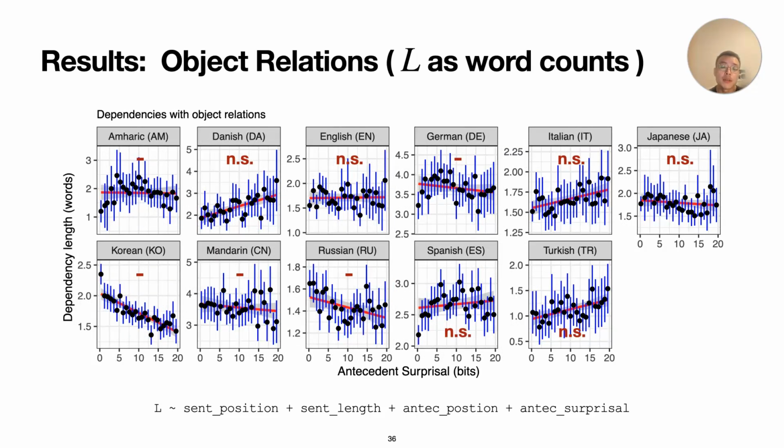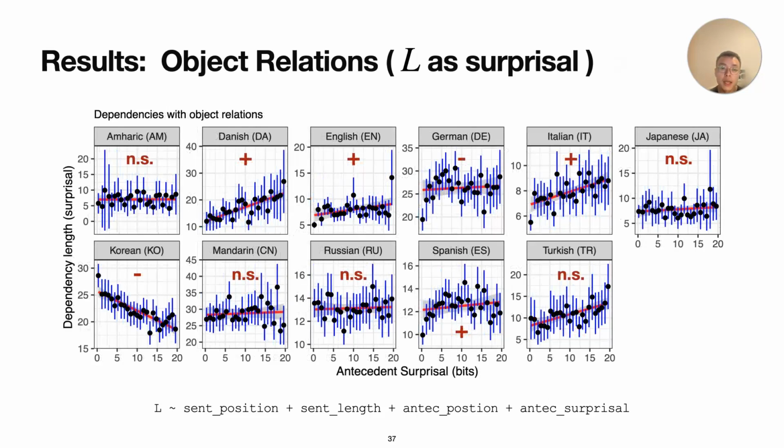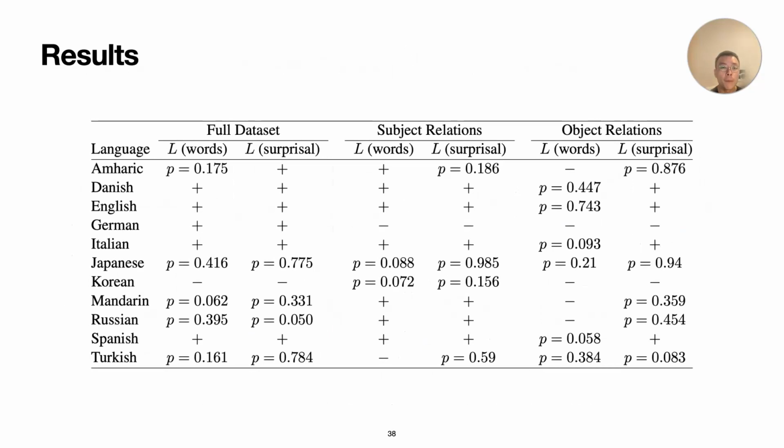For object relations, surprisingly, when we measured the dependency length as word counts, we didn't find any evidence for a positive correlation between dependency length and antecedent surprisal. If we measure the dependency length at surprisal, although there is some evidence for a positive antecedent surprisal effect, it only exists in less than half of the languages in our analysis. So, here's the summary of our results.